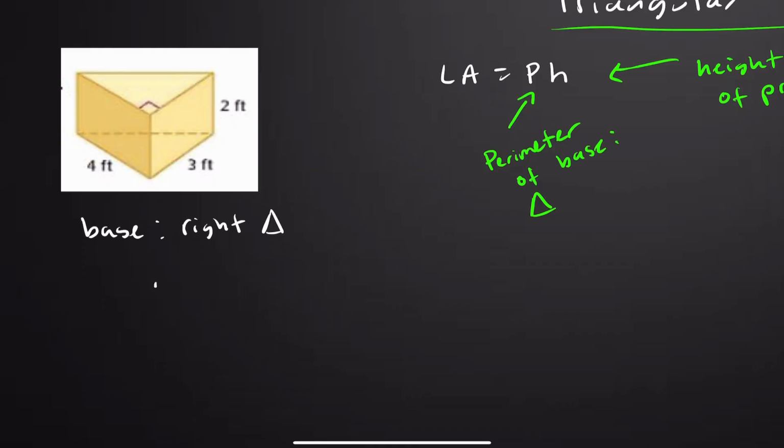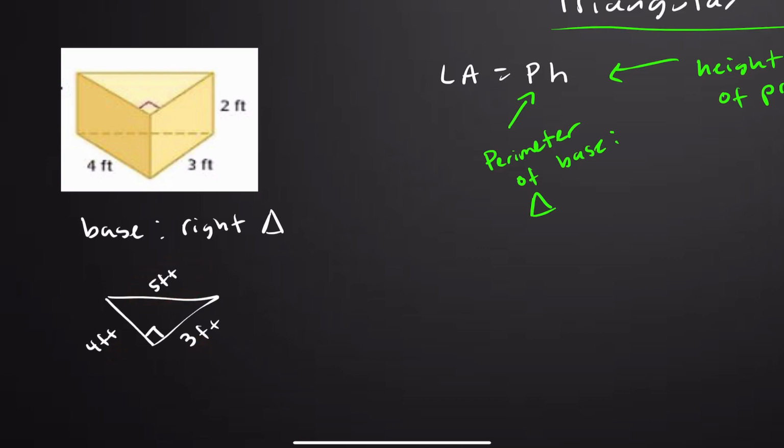So I'm going to go ahead and draw that right triangle, and it has a 3 here and a 4 here. So what is this side here? Can't forget to draw that little right angle there to indicate it's a right triangle. Well, we have 3, 4, this must be 5.